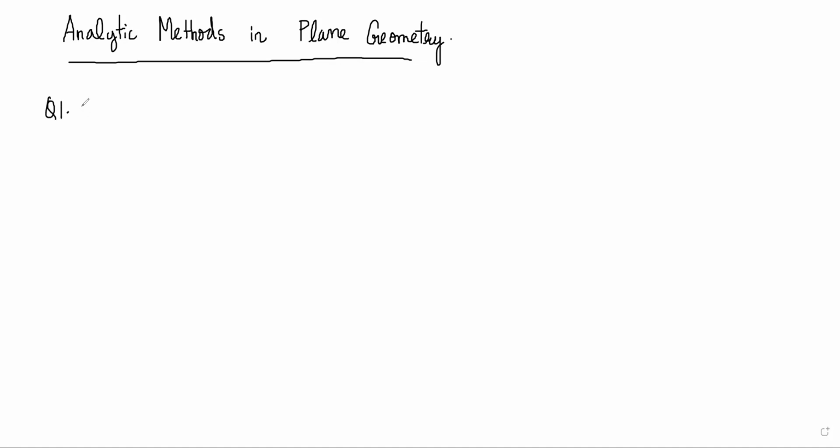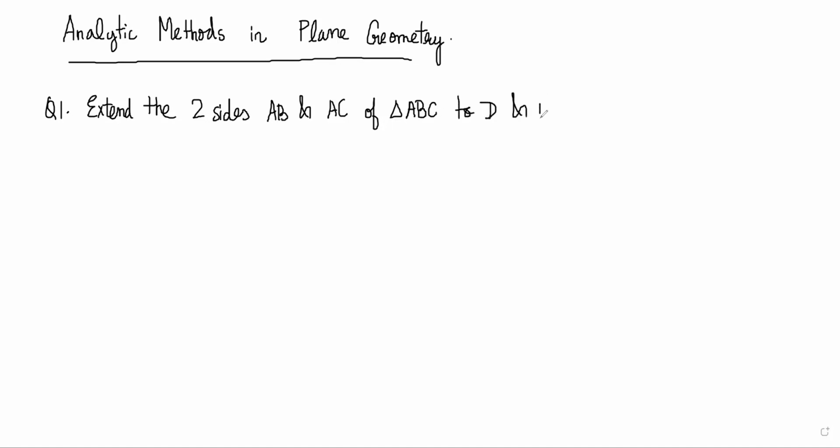Question 1 says, extend the two sides AB and AC of triangle ABC to D and E such that mod of BD is equal to CE.